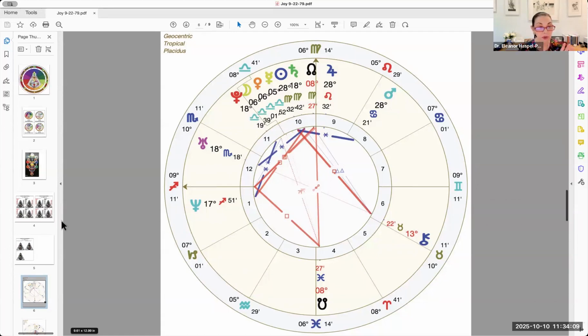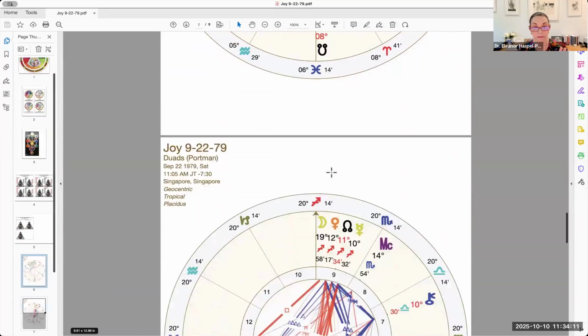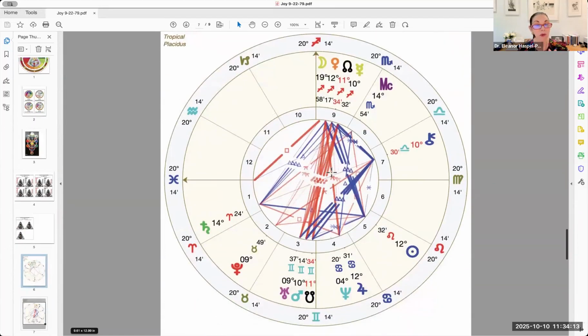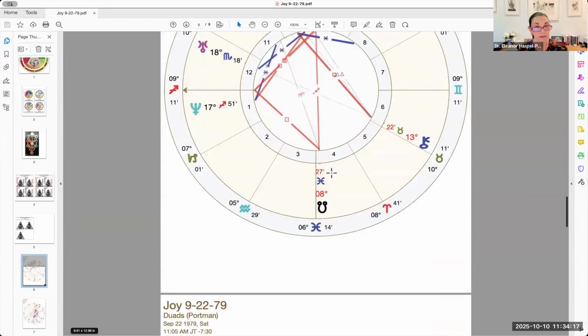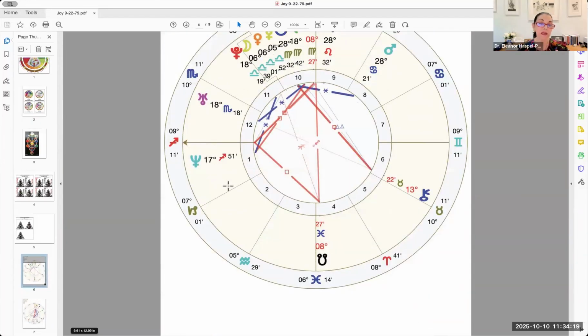I'm going to show you another chart. These are called dwads. Now, what that is, if in astrology we take a 30-degree sign. Do you know astrology, Joy? Yeah, but I'm not that knowledgeable about it. Okay. So in astrology, every 30 degrees can be broken into another whole 360-degree zodiac.